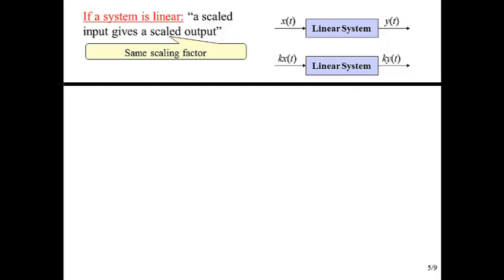A special case of superposition is this: if I have some signal x of t and I get a y of t from that, and I put in some scalar multiple, k times x of t, where k is just some scaling factor, the output that I originally had also gets scaled. So if I double x of t, I have to double y of t. That will hold for any linear system.